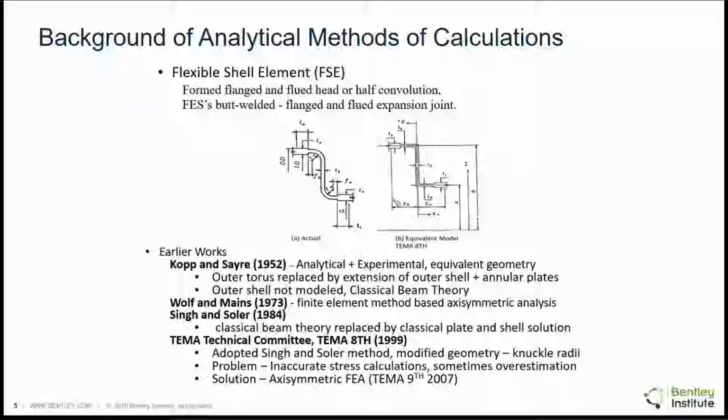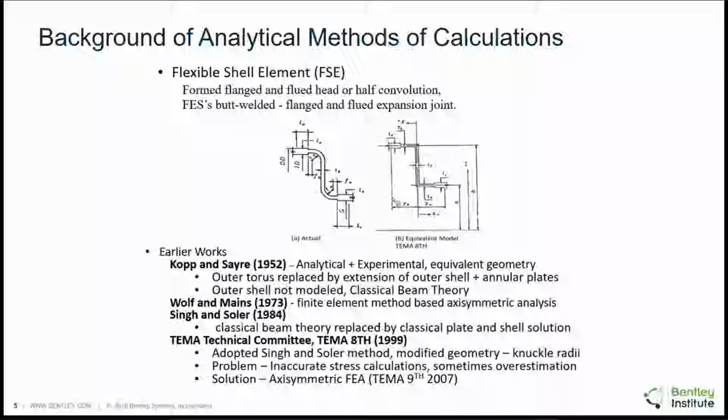So finite element obviously was a very expensive proposition, so it didn't become that popular at that time. In 1984, Singh and Soler presented a very seminal work where they used the classical plate and shell solution instead of the beam theory. Then the TEMA committee in TEMA 8th in 1999 adopted the Singh Soler method and modified the geometry to take into consideration the knuckle radii.